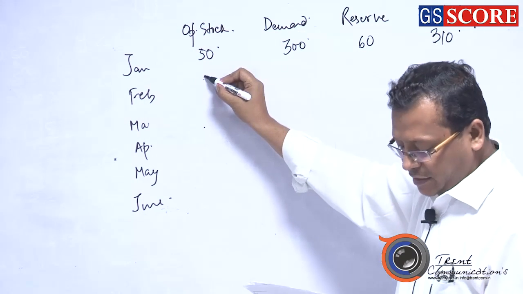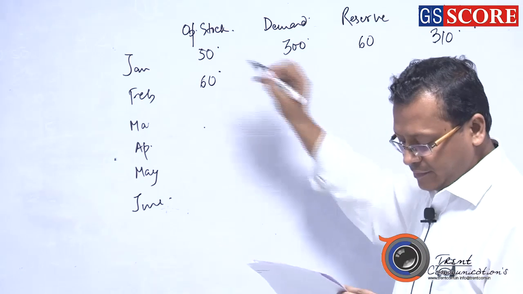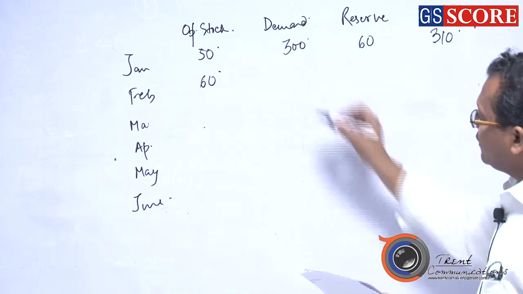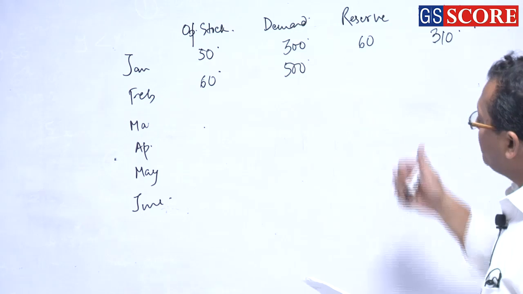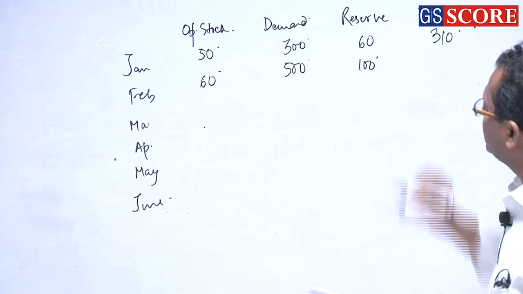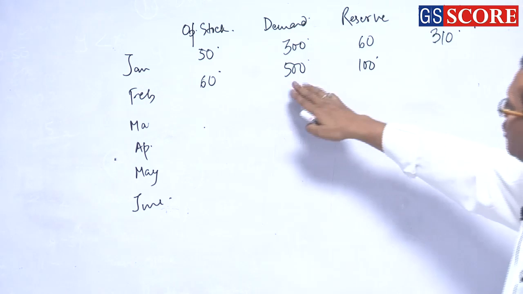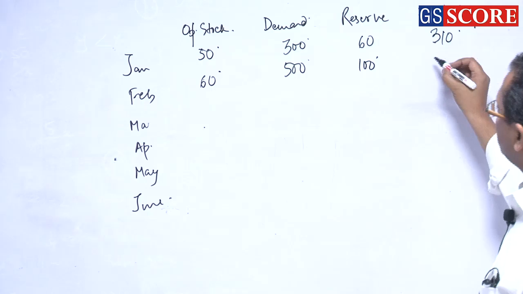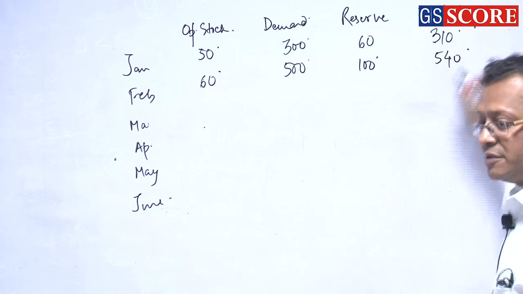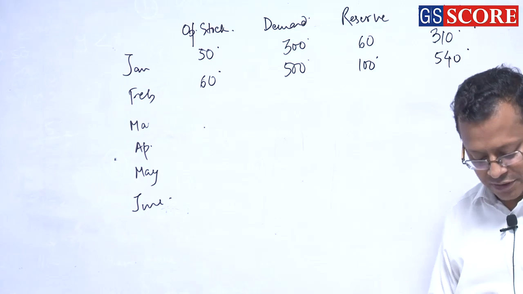So it is 60. Feb demand is 500, and 20% of 500 is 100. So the production requirement for Feb will be 500 plus 100, which is 600, minus 60, which is 540. Clear or not?